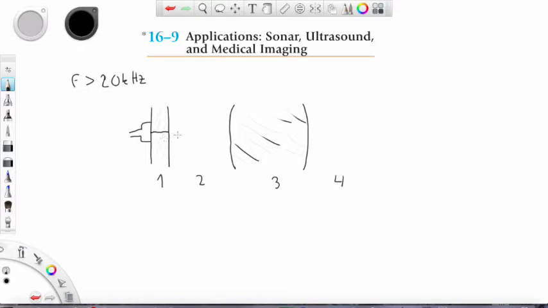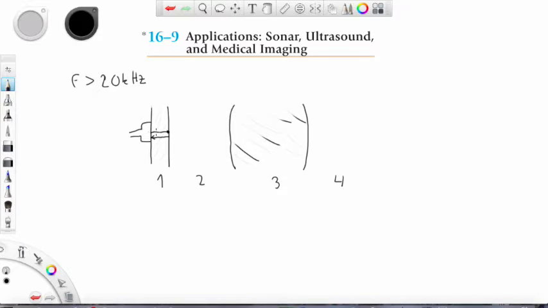Whenever there's such a boundary, there will be a reflection, and the reflection is due to the different physical properties of these two media. So we have a reflection here where the tissue changes, and part of that sound wave will reflect back. And we have a receiver here next to the transmitter that will receive this signal.